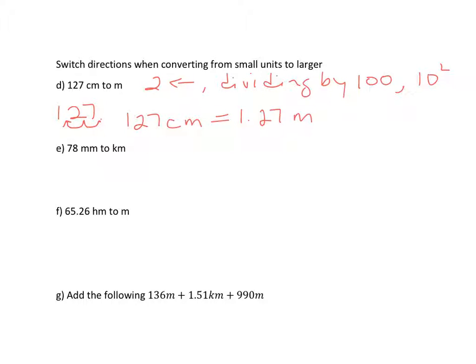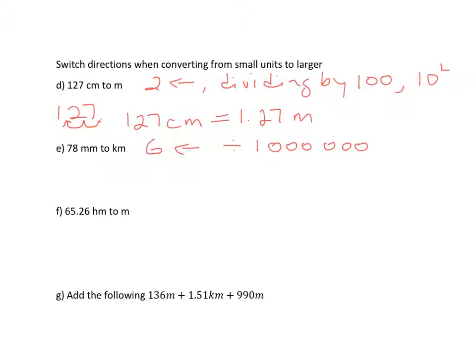And let's look at the next example, 78 millimeters to kilometers. I'm actually going 6 steps to the left. So I'm dividing by 1 million. Got to make sure I draw the right number of zeros there.